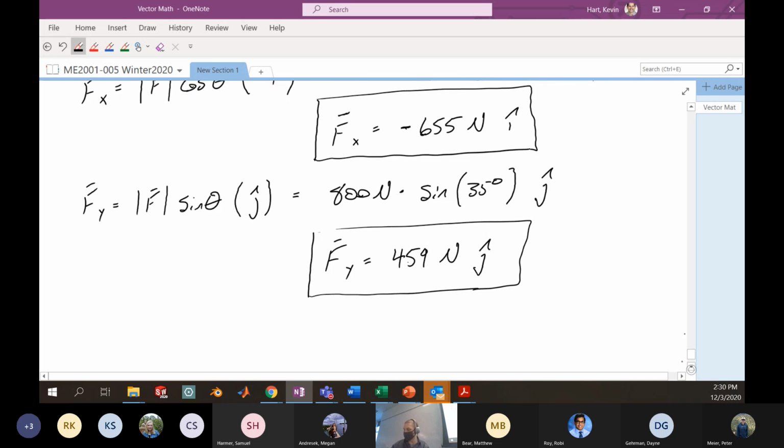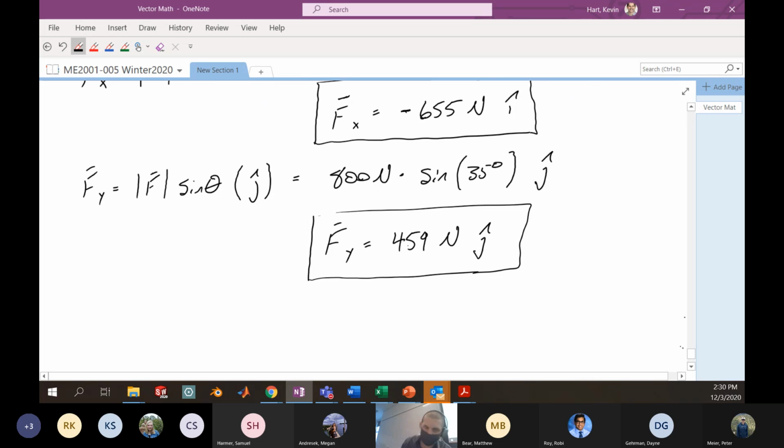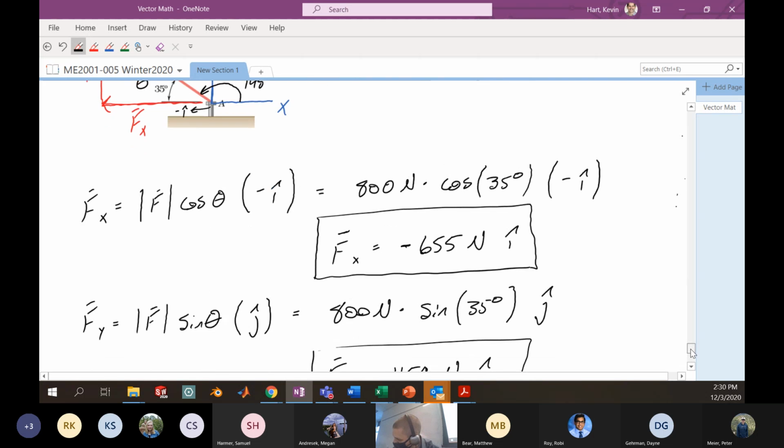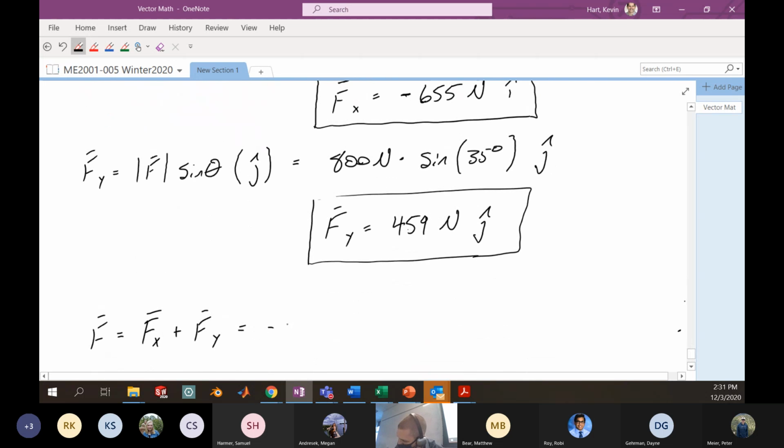All right. So once we've made our way through these, we can then write the full vector f in terms of its components. This is the last bit of the problem. So here, f is just going to be fx plus fy. So this is going to be negative 655 i hat plus 459 j hat.